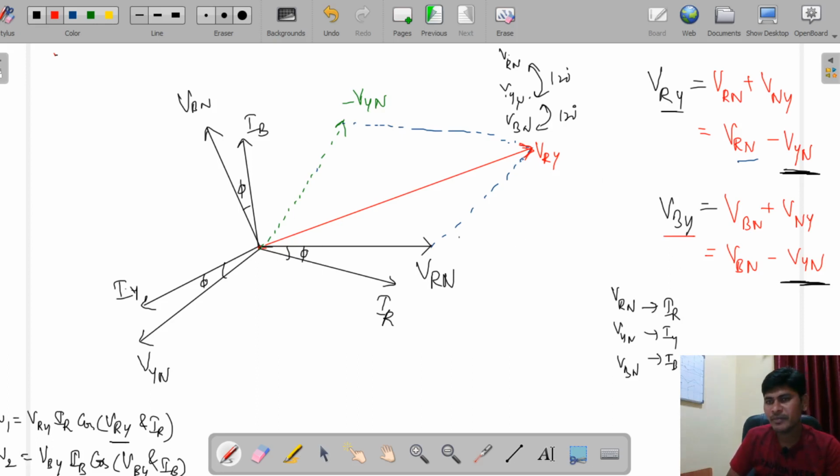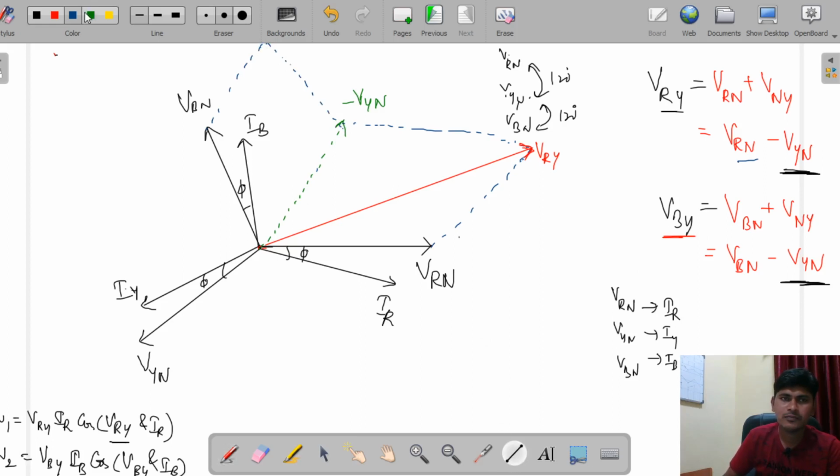Now let us draw VBY. VBY is the phasor sum of VBN and minus VYN, right? So now the phasor sum of these two is VBY.